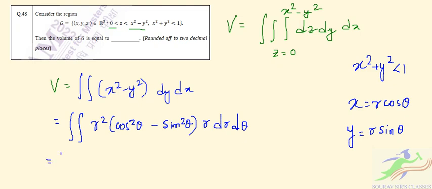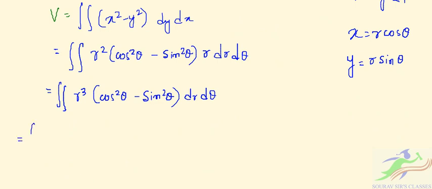Okay, we can also write it as the integral of r cube, cos square theta minus sin square theta, dr d theta, right?